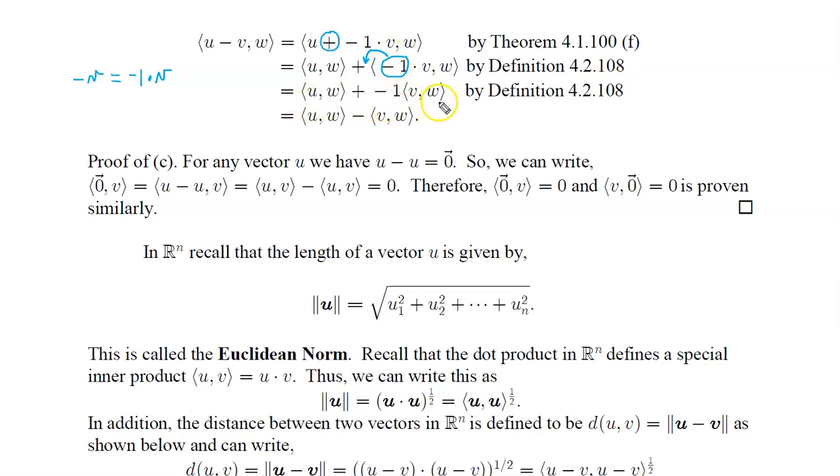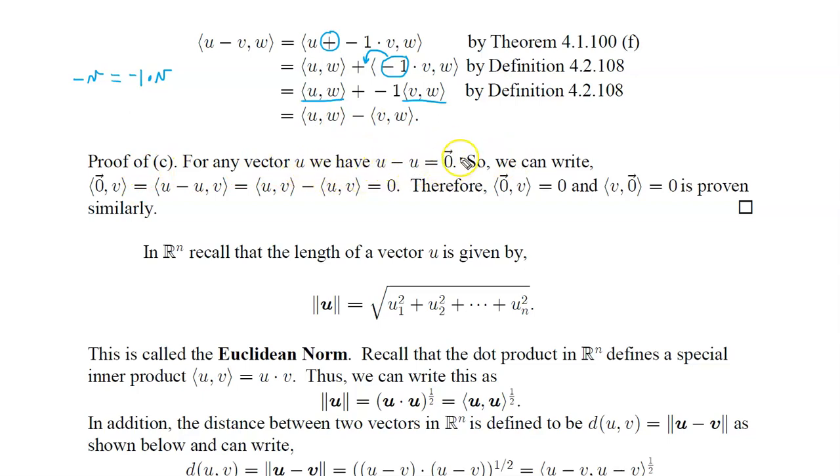And so we get this line. And then of course these are both just real numbers here. And so we can write this as the inner product of u, w minus the inner product of v, w. And there you go.